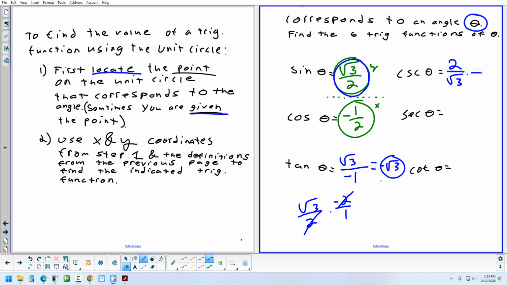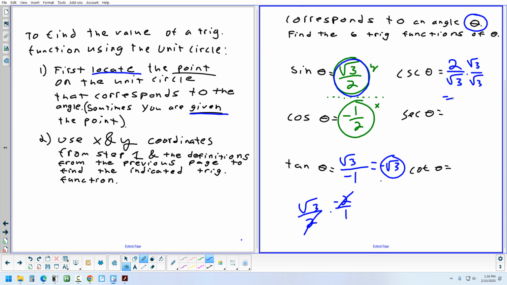The only thing you can multiply a fraction by that doesn't change it is what number? 1. 1 just means the same thing in the top and the same thing in the bottom. As long as you do the same thing in both, you will not change the actual value of the fraction, you'll just change how it looks. To fix a square root in the bottom, you multiply the top and the bottom by the same square root.